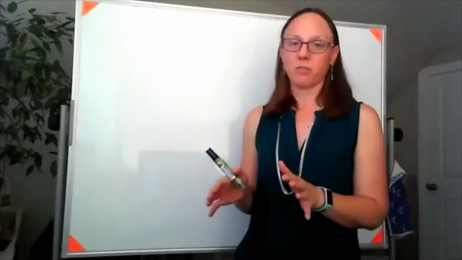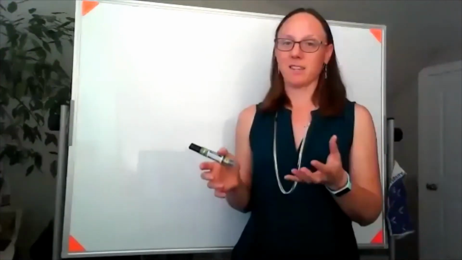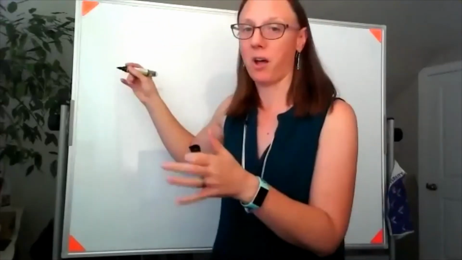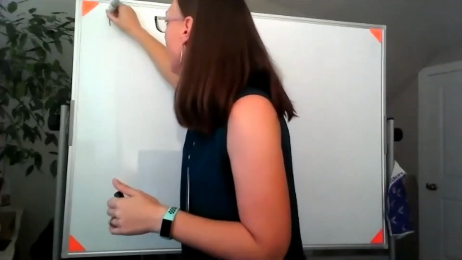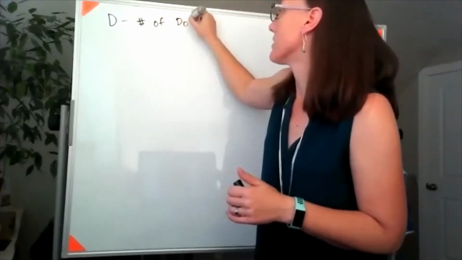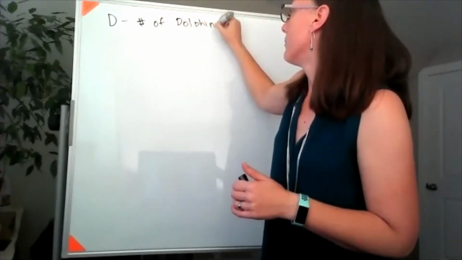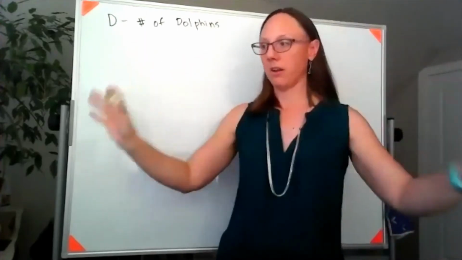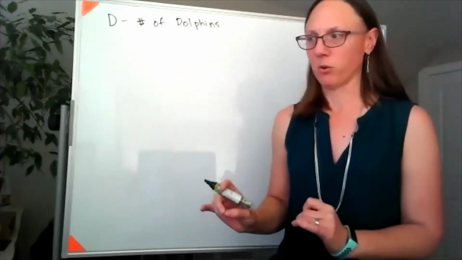And if I seem overly excited, this really is like my favorite part of the book. So, apologies. D is going to represent the number of dolphins in some wild pod of dolphins. I think that's what we call a group of dolphins.